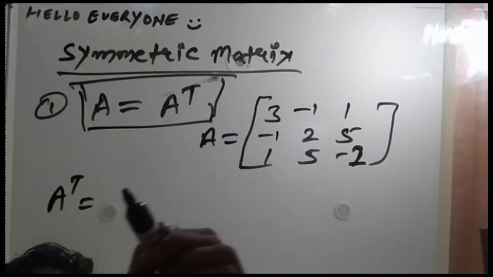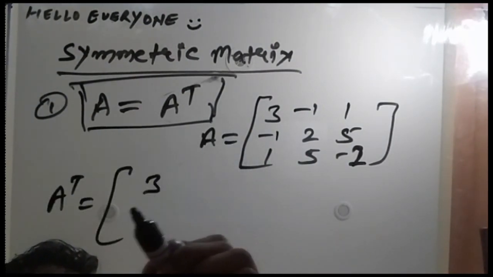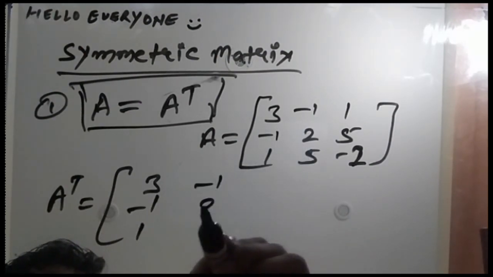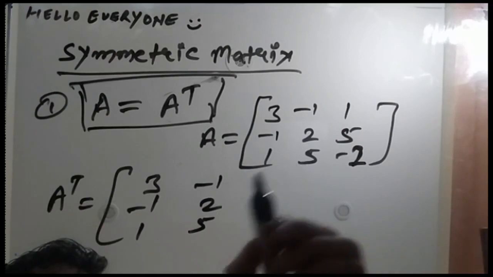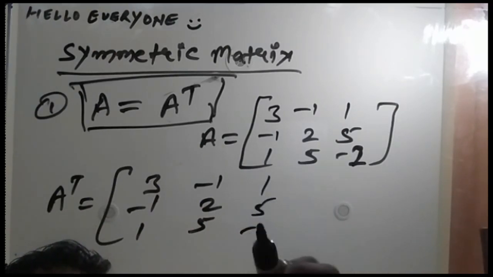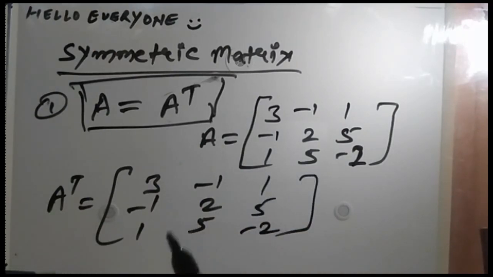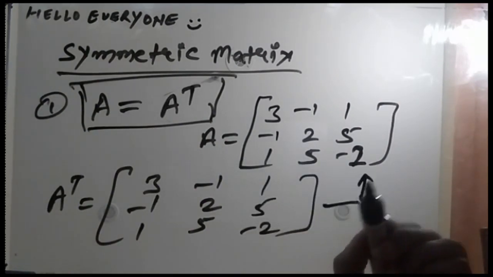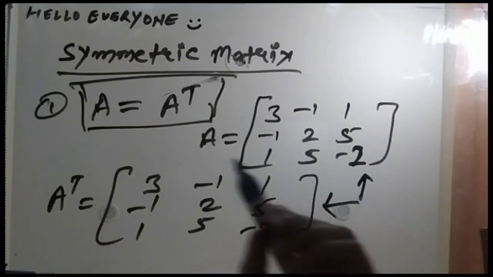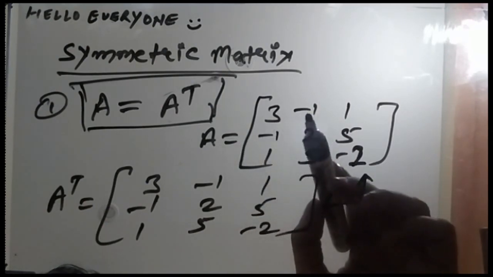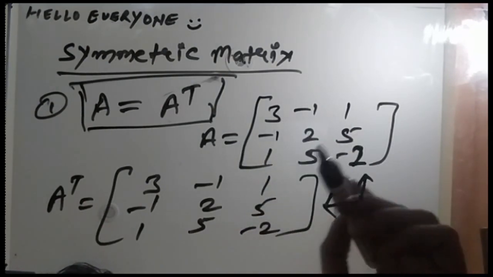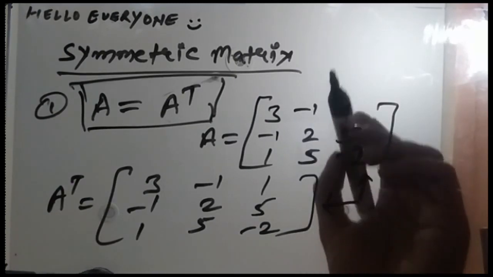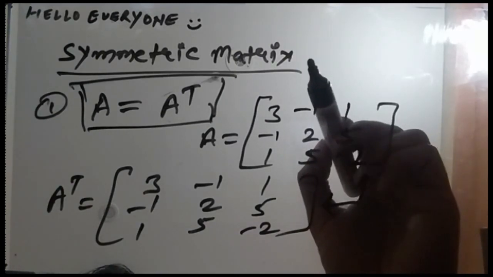A transpose is 3, minus 1, 1, minus 1, 2, 5, 1, 5, minus 2. So you can see here both A transpose and A matrix are equal, which means this matrix is a symmetric matrix. Okay. There's another matrix which is called skew-symmetric matrix.